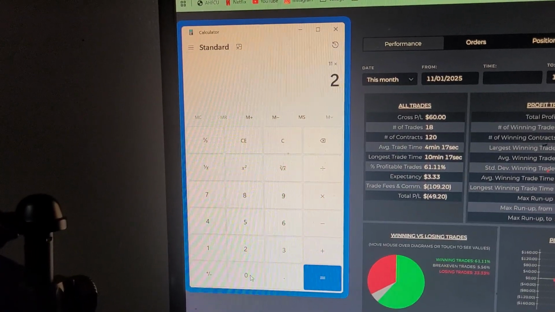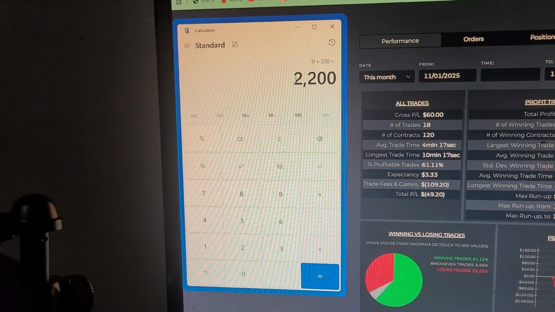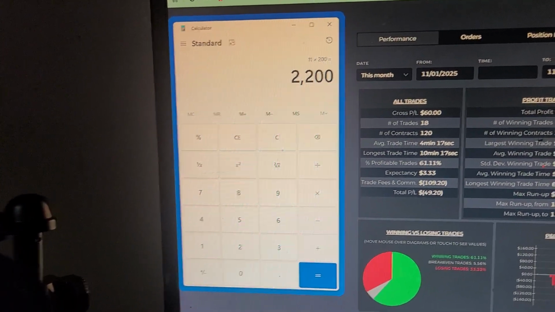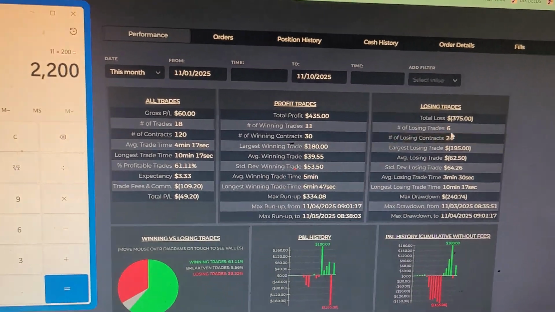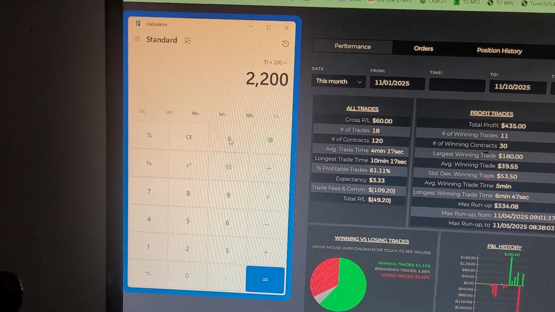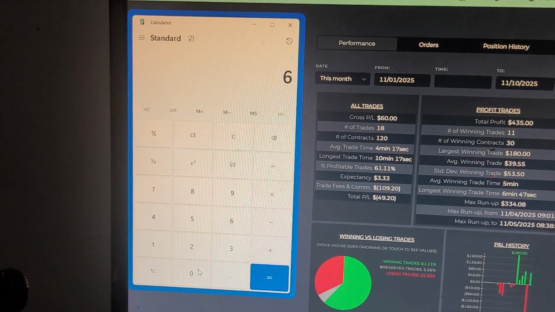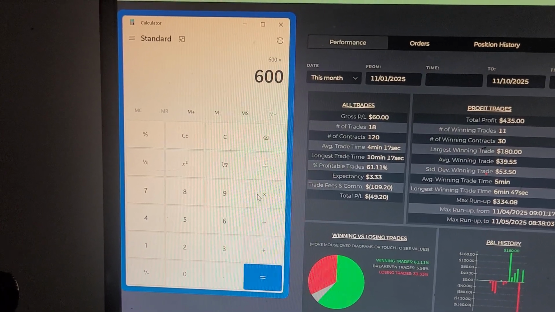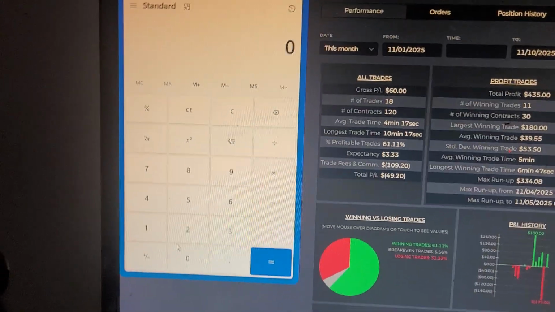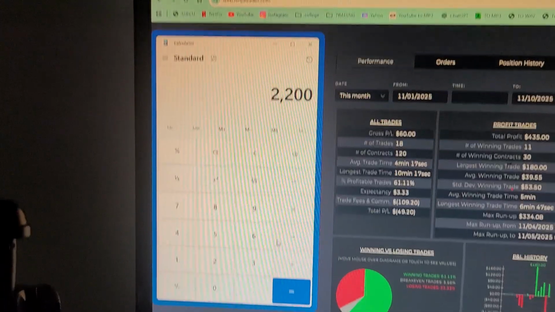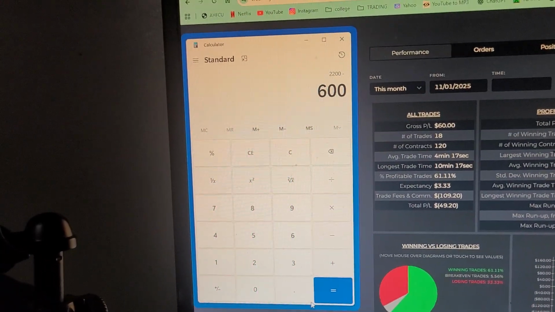So 11 times 200 equals 2,200. Now we got 6 losses here, and let's assume every loss is worth $100. So 6 times 100 is 600. Oh, I think I answered my own question. 2,200 minus 600. Boom.